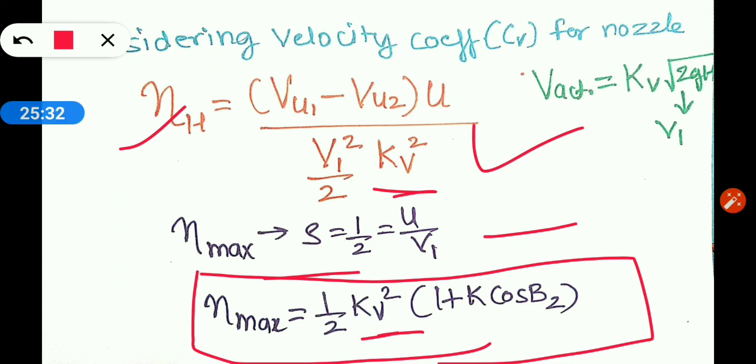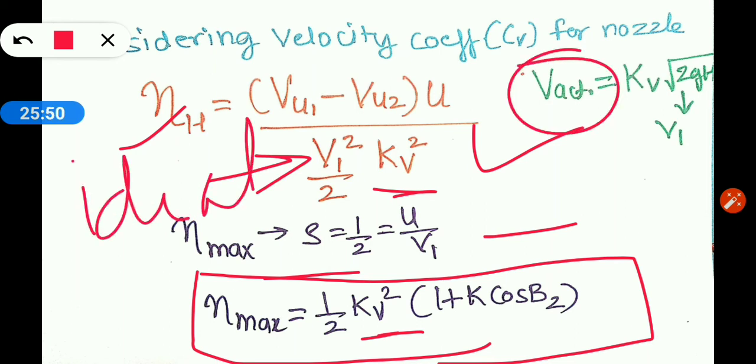So this also you should keep in mind, 1 by 2 kv square. What we have done is, instead of v1, we have kept kv into v1, where v1 is the ideal velocity, and actual is kv into under root 2gh. So under root 2gh is nothing but v1.